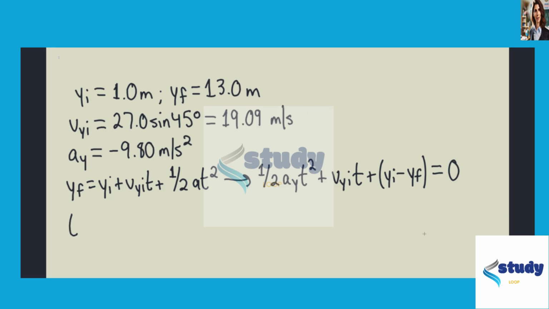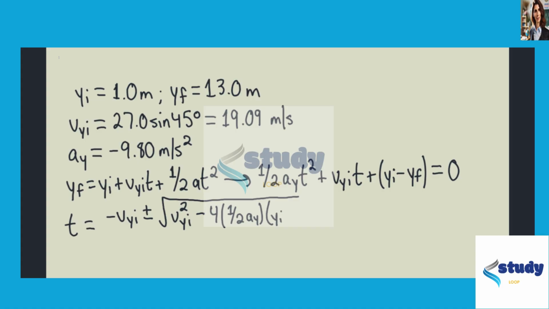So t is going to be equal to negative vy initial plus or minus the square root of vy initial squared, and then this will be minus 4 times 1/2 times a sub y multiplied by y initial minus y final.